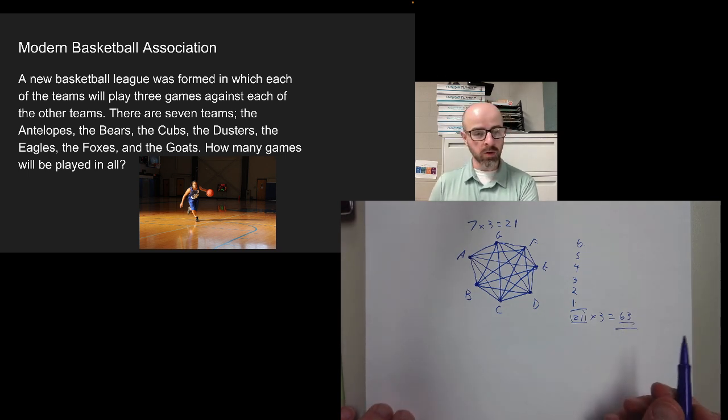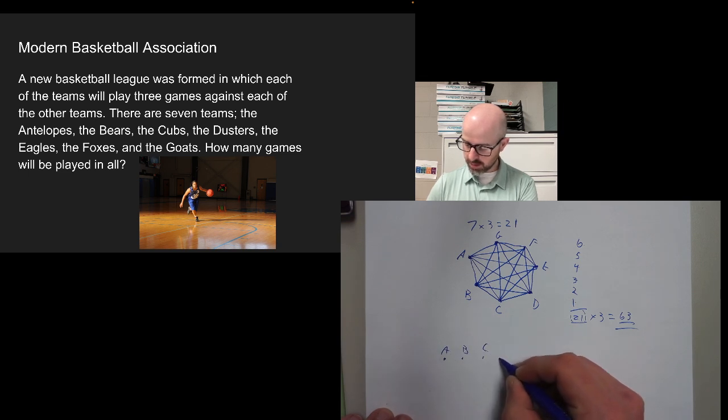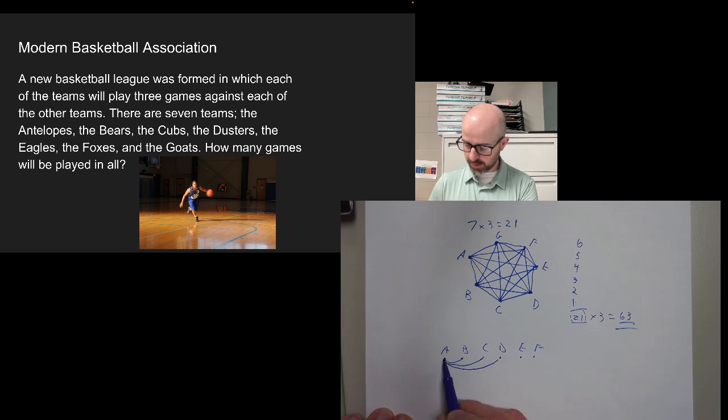Now there's another way I could do it visually too. I could line all the teams up. And we could do the same thing. Have the Antelopes play against every team. Okay, and that's 6 lines. Then we could have the Bears play against every team.